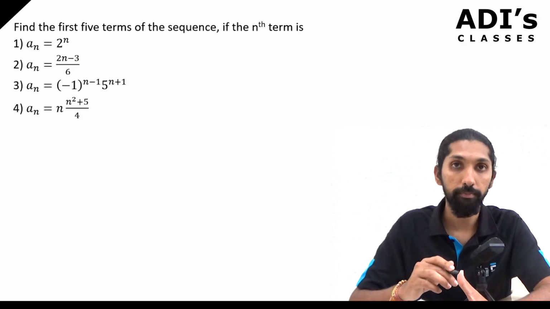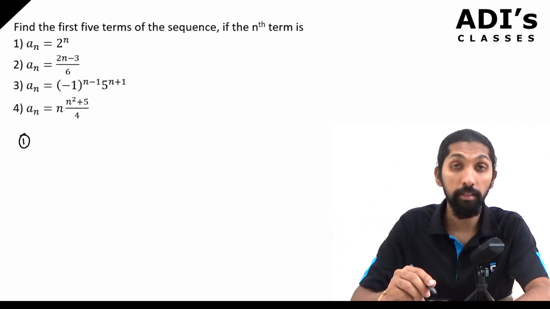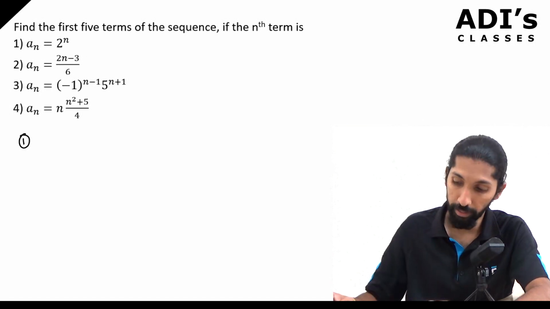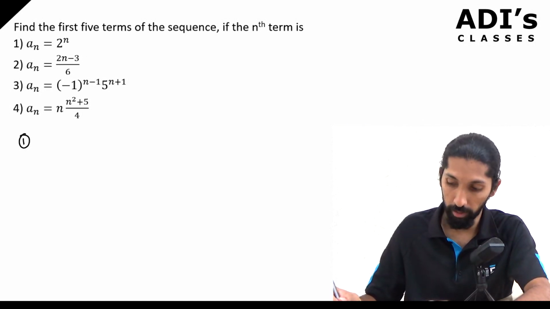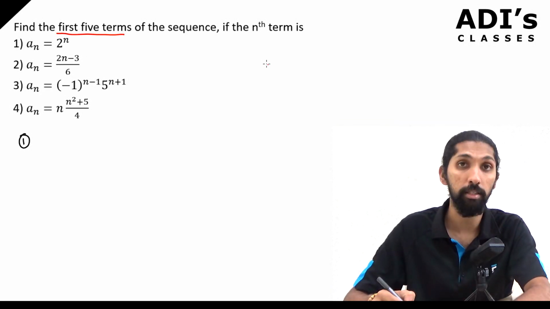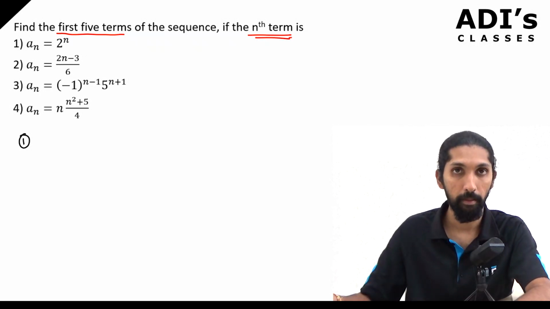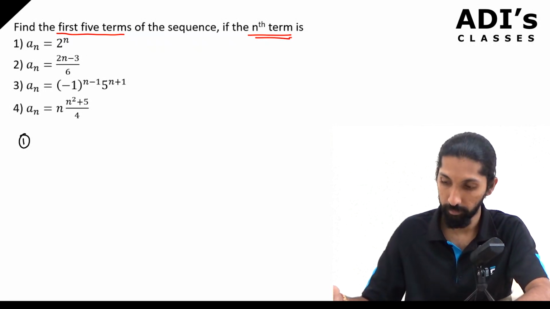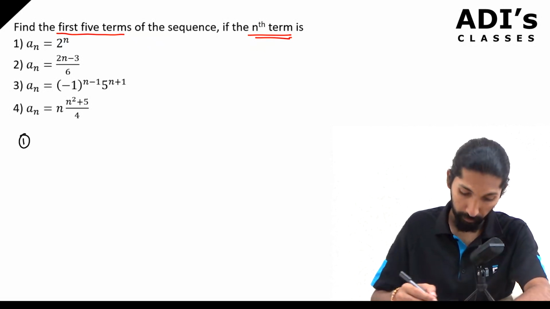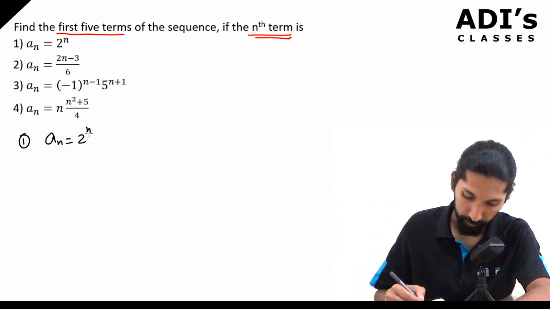See the first question. The nth term is 2 power n. What do we need to do in this question? Find the first 5 terms of the sequence if the nth term is given by this. The nth term an is equal to 2 power n.